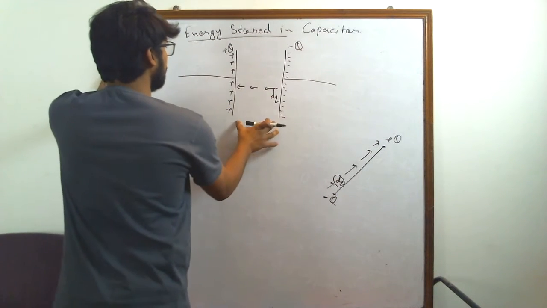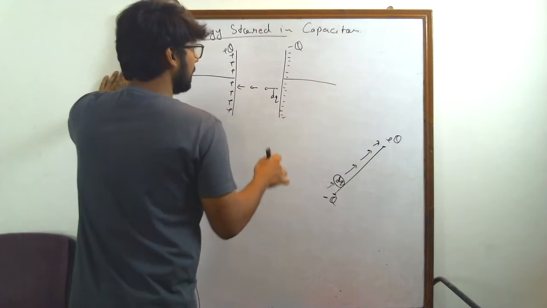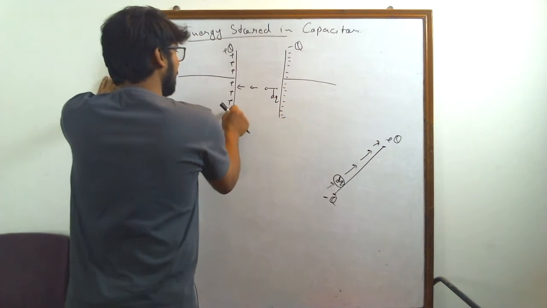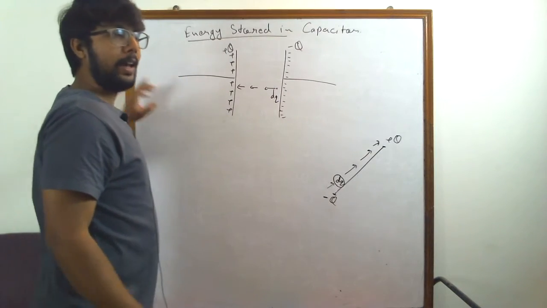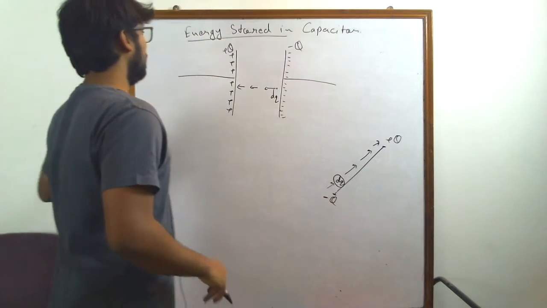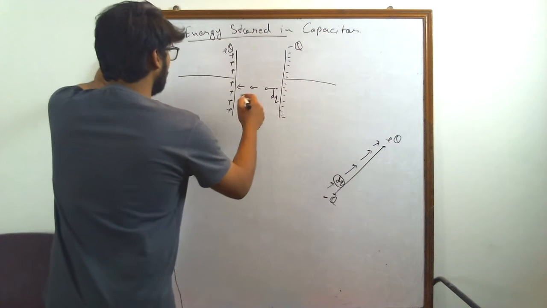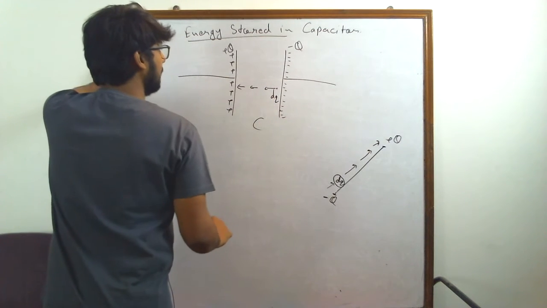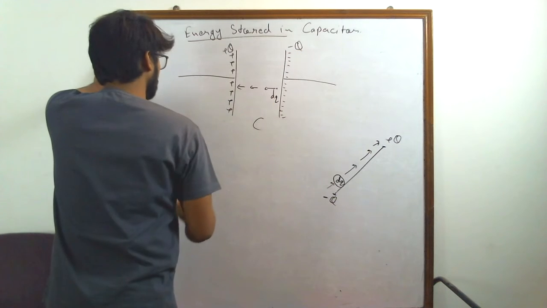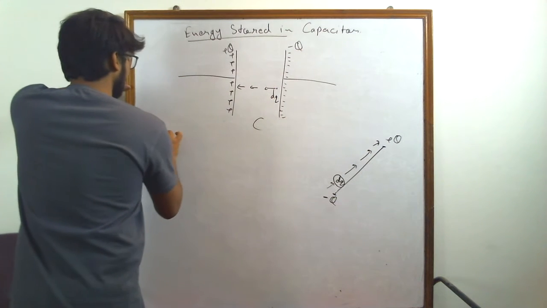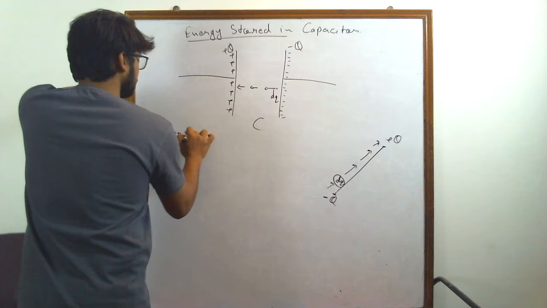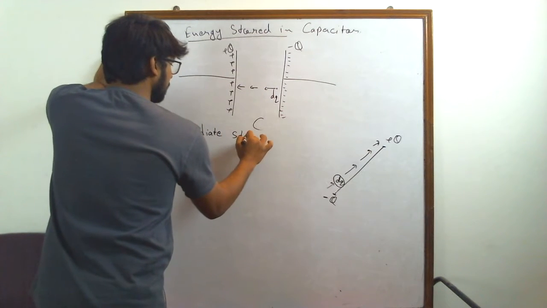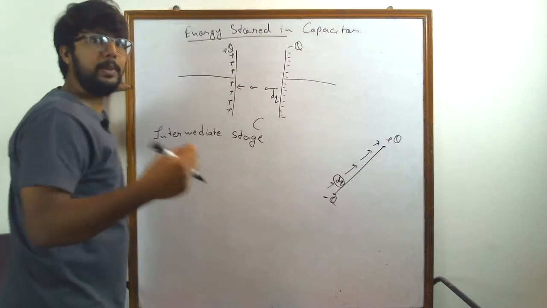So once we understand the concept that I want to pick up a charge from a lower potential and take it to a higher potential, and all of that energy is going to be stored in it, that's what I'm trying to do. Now in a capacitor of capacitance C, and we know the charge is Q, let's take an intermediate stage.